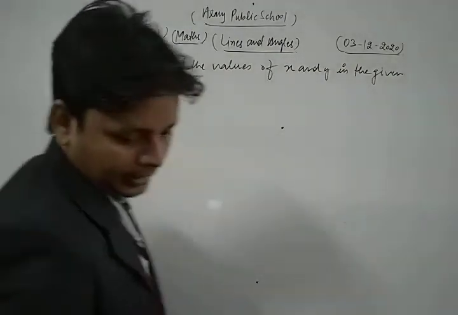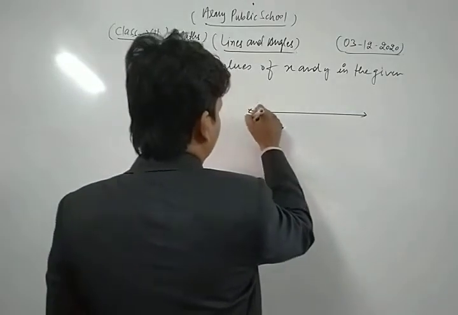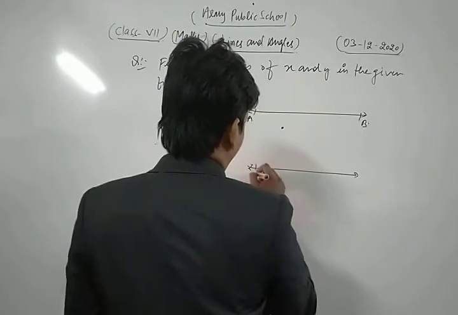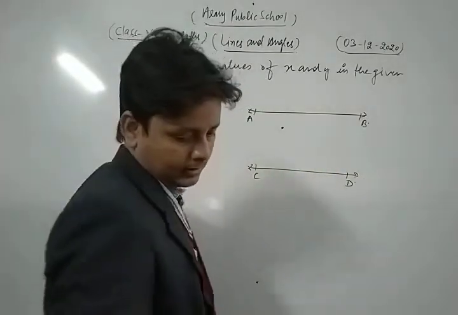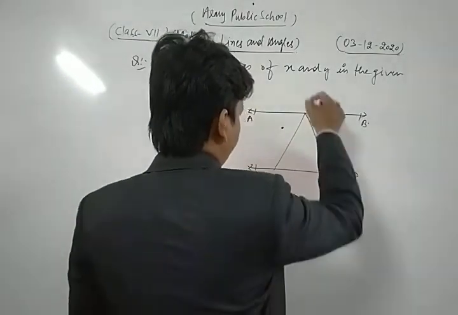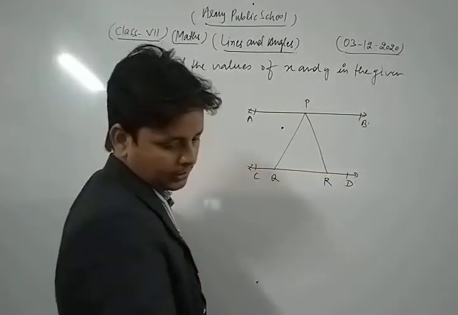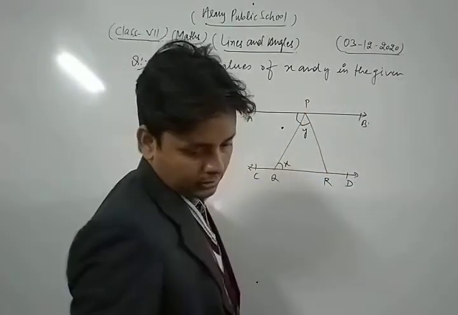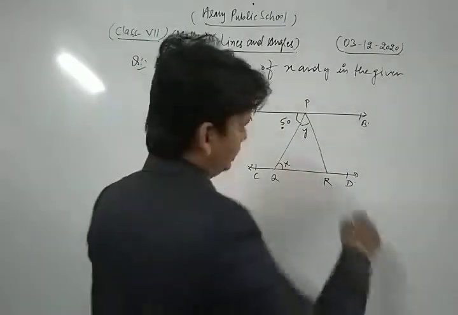Your figure is two parallel lines, AB and CD, and they form P, Q, R, and this is x, this is y, this is 50, and this is 127.